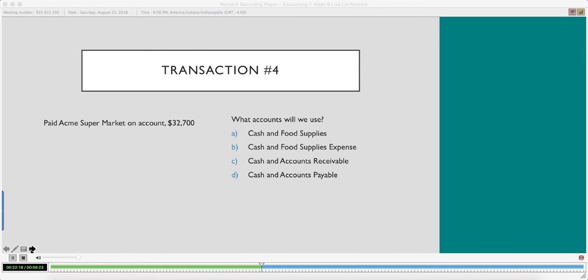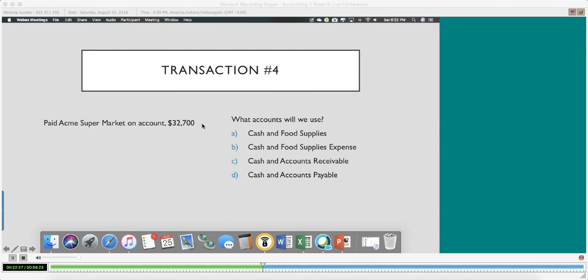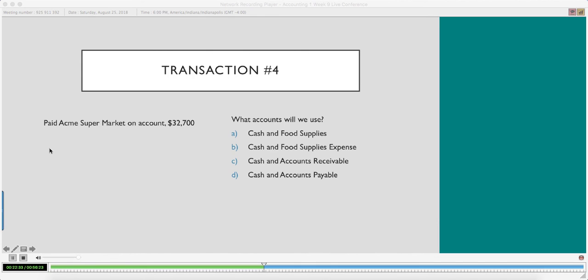So the next one, we're paying for the food that we purchased. So let me get the poll up for that. So we paid Acme Supermarket on account for $32,700.